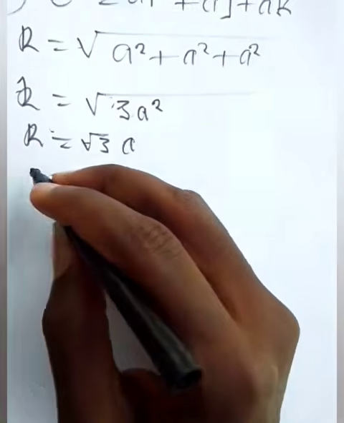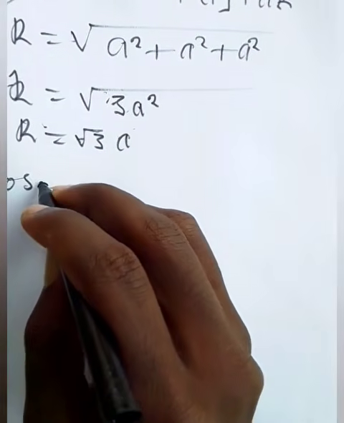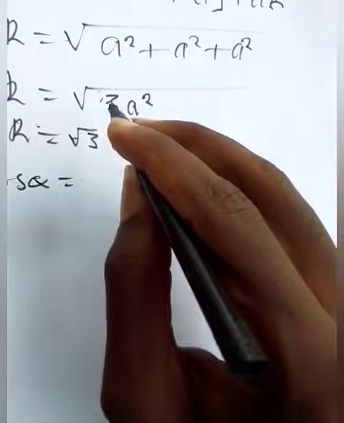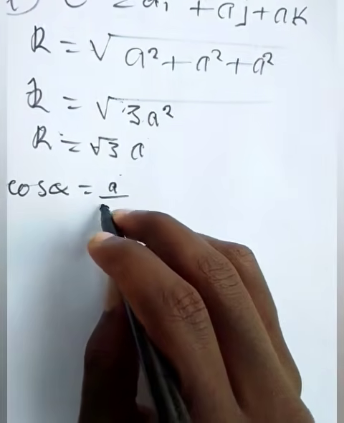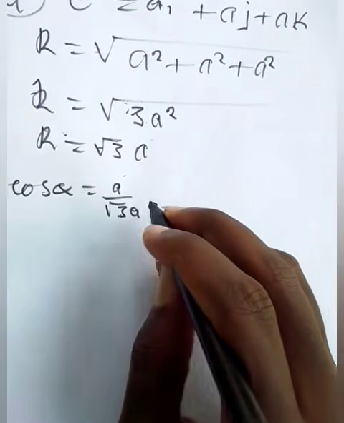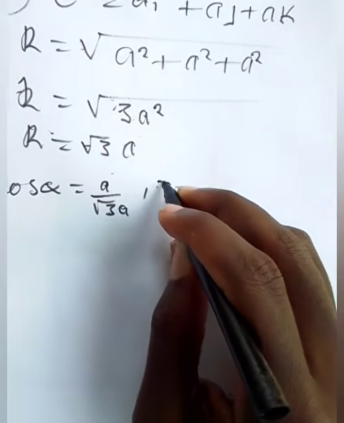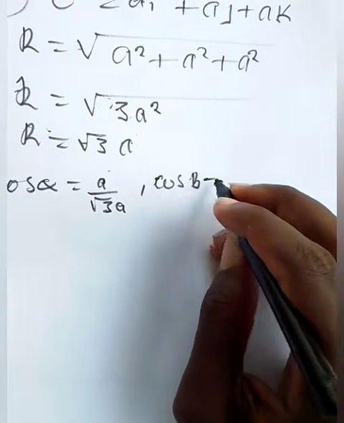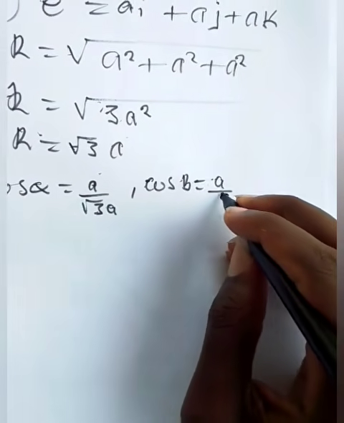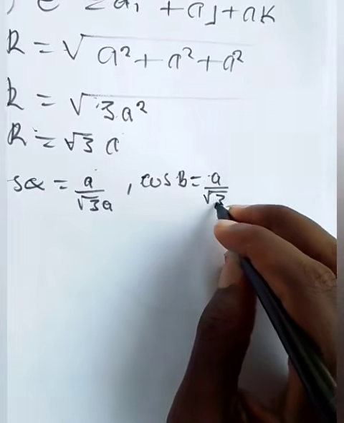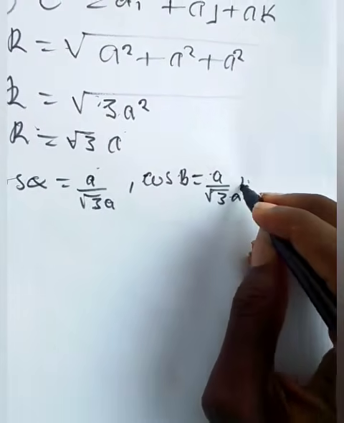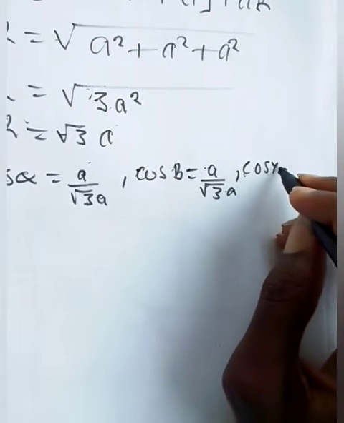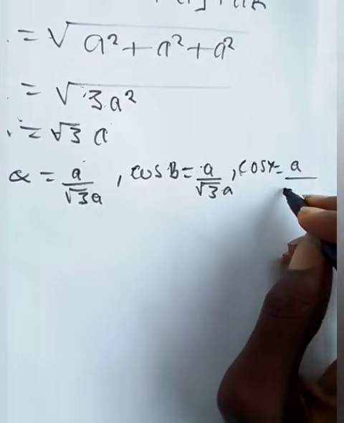So remember, let's start with the one for alpha. For alpha it's going to be a over square root of 3 a, right? For beta it's also a over square root of 3 a, right? Even for gamma it's still going to be a over square root of 3 a.